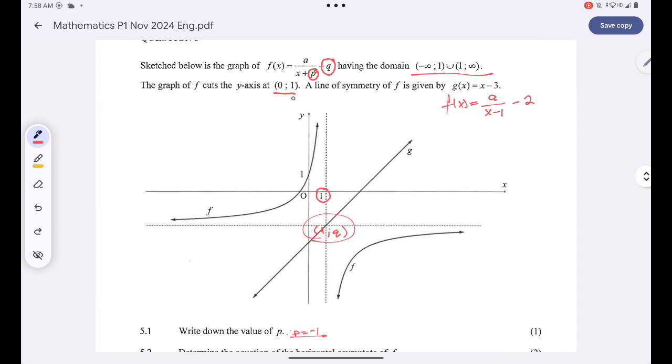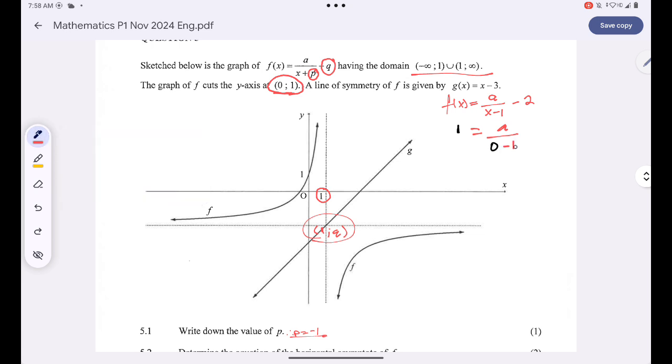Remember that guys, we were given the coordinates of our y-intercept over there. We are told that y is equal to 1 if and only if the corresponding x value is 0. Let me write this with a different color just to show that I'm substituting. So y is 1 and x is 0.